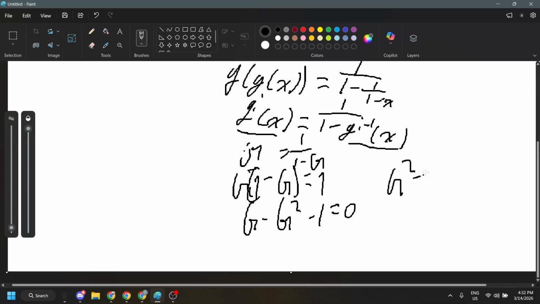So then G squared minus G plus 1 is equal to 0. There should be two things that multiply to 1 and add to negative 1.